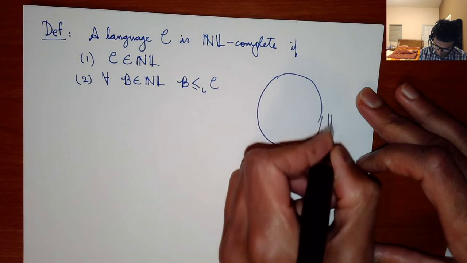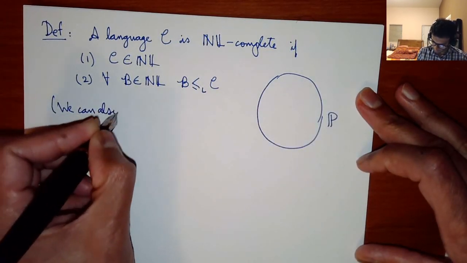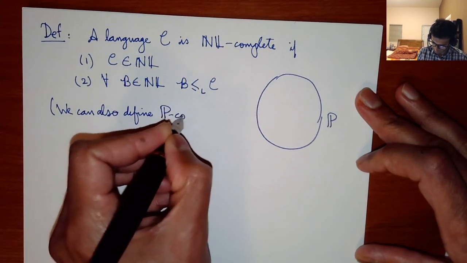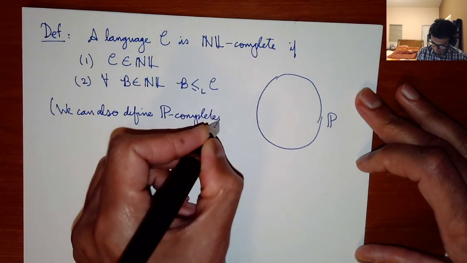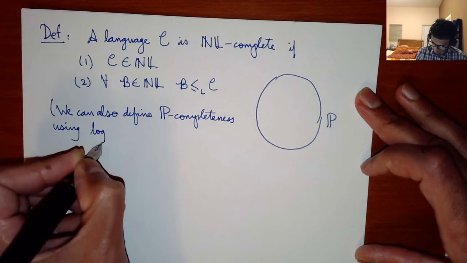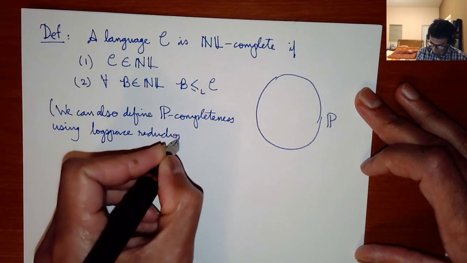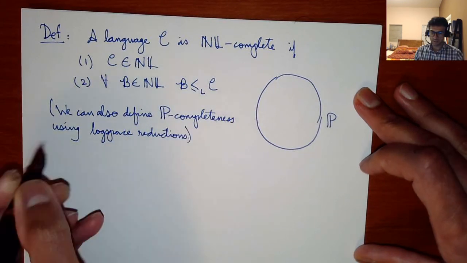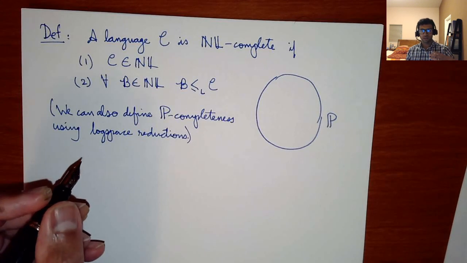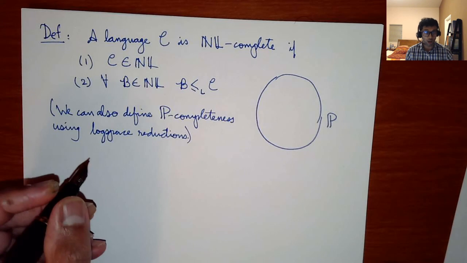And just to give you the picture here, note that we can also define P completeness using log space reductions. This would mean that a language that is P complete is one that you can reduce any language in P to using log space reductions.